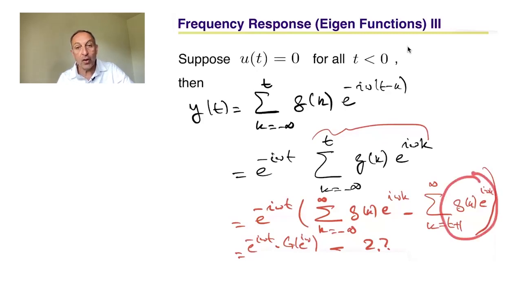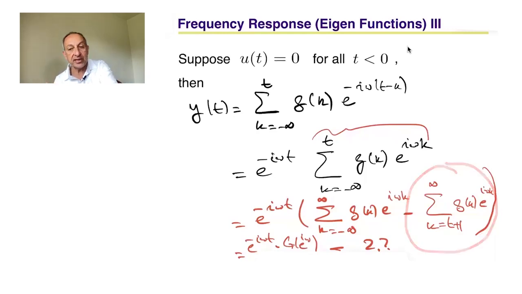Why is it going to be small? Because g of k is absolutely summable. So if you sum the tail of it, it's going to be very, very small. So that's the argument that says what I'm seeing is the same thing as before, the same eigenfunction argument, a scaling of the input times g, but then there is a transient part that disappears as t increases.